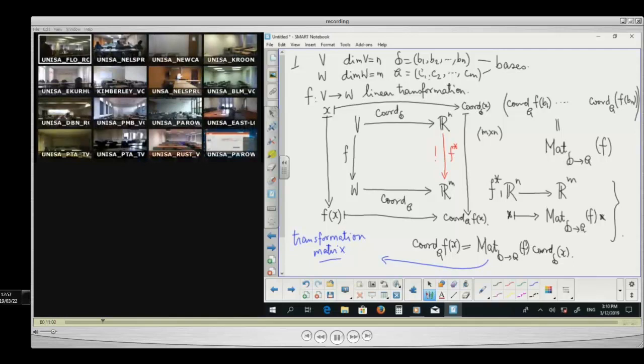Okay? So every linear transformation therefore can be looked upon via this matrix, right? This unique matrix, F star. So that provides us a beautiful geometrical picture of this kind of abstract thing. Okay? Alright.